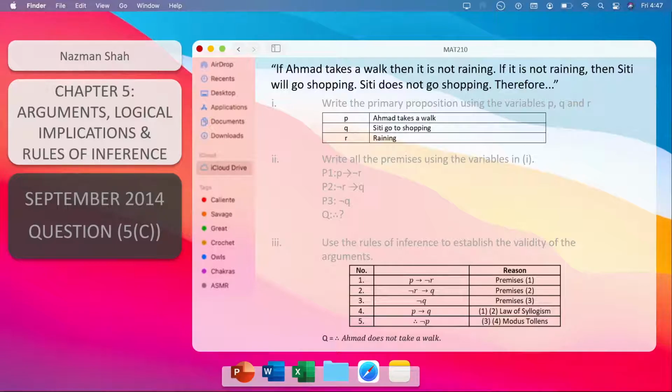For number 5, we choose number 3 and number 4, and we combine them using the rule of inference, which is modus tollens, to get not P. So the conclusion is Ahmad does not take a walk. Now I'll pass to Akmal to explain the next question.